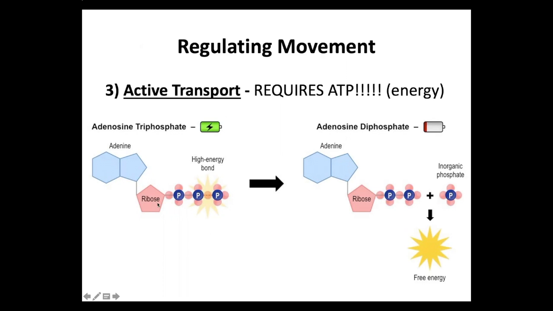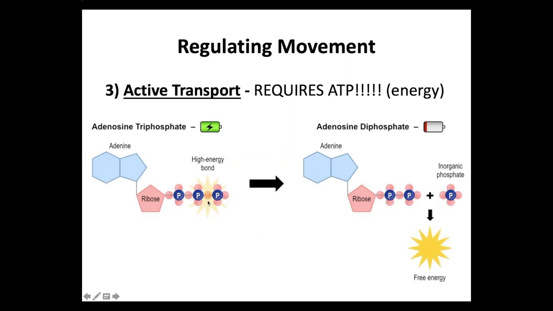Adenine, ribose, which is a type of sugar, and three molecules called phosphates. Adenine and the ribose together is called adenosine. There's that word. And then triphosphate. What does tri mean again? Tri means three, like tricycle or triceratops. Triphosphate, three phosphates. So adenosine triphosphate, that's where you're going to get your energy from.